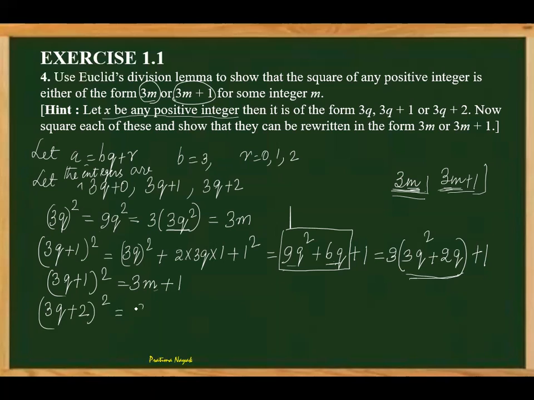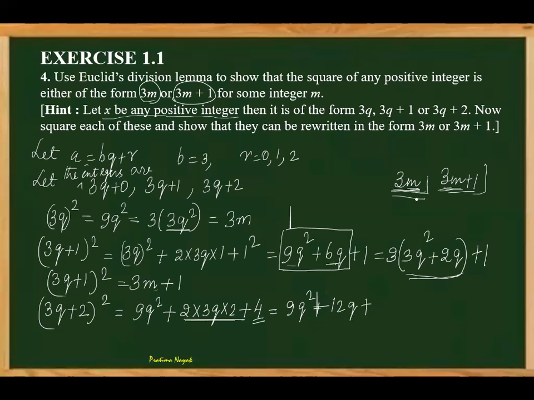First is a square: 9q square plus 2 into 3q into 2, plus 2 square which is 4. Now I am getting 9q square plus 12q plus 4.